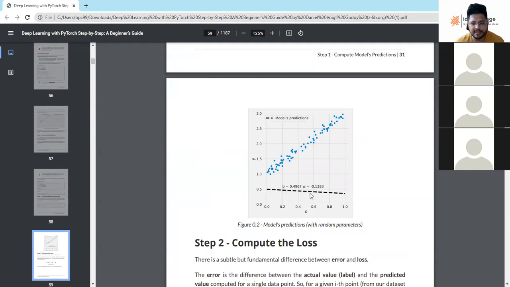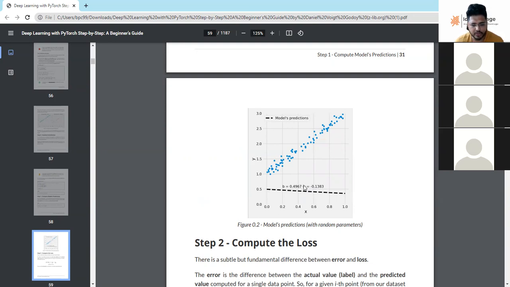There was no guidance that we used in getting the values of b and w. We just took some random values of b and w and plotted a line. But what we can do is check how bad this line is, right? How will we do that? By taking MSE, the mean squared error loss.